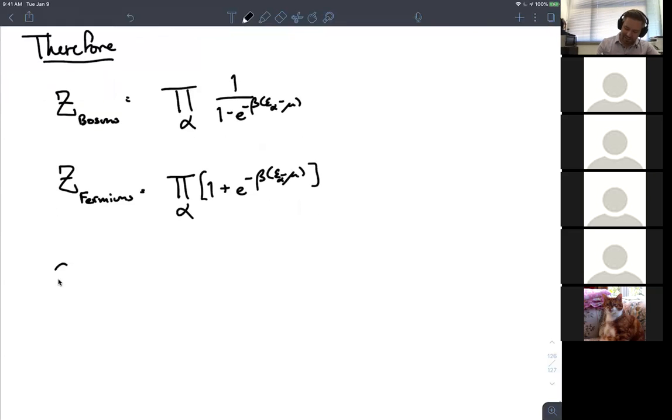To get the free energy, you just take minus kBT log of the full grand partition function. The full grand partition function is, again, a product of all your energy levels. When you take the logarithm of a product, you can write that as a sum of logarithms.